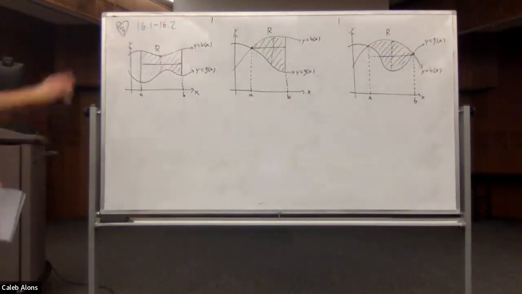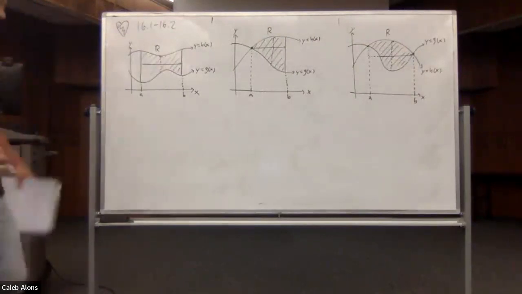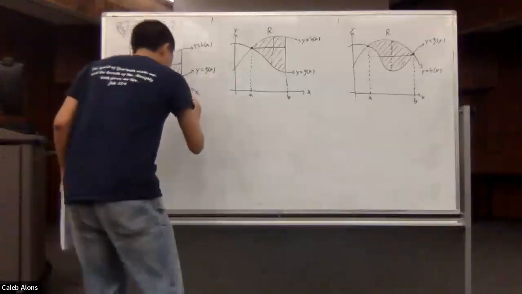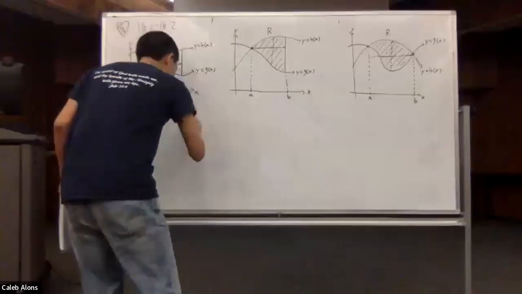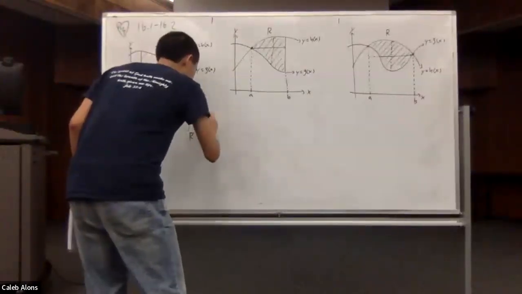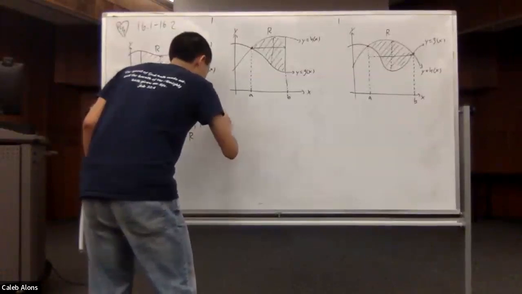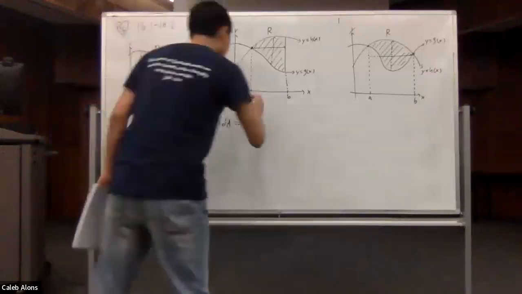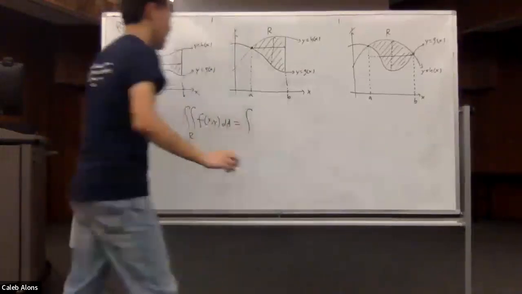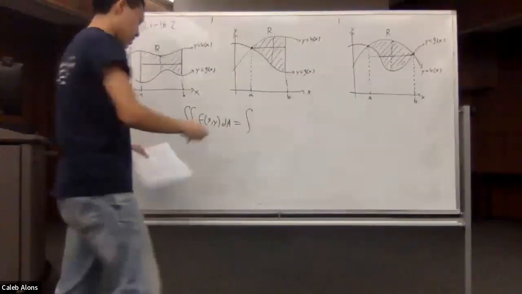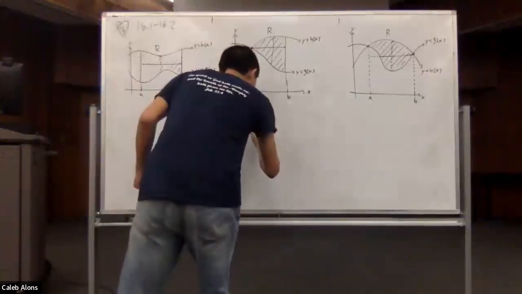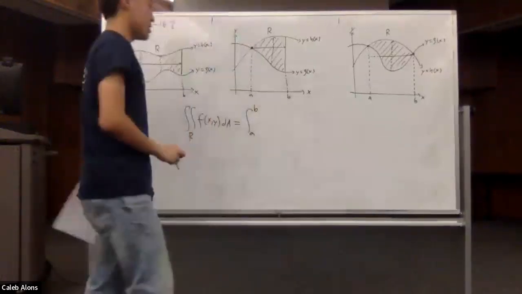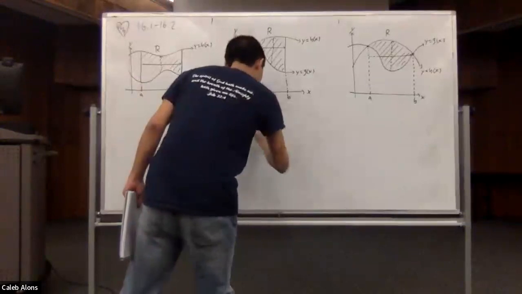Okay. So these are the three scenarios. This is when you're asked to take a double integral over some region of a function f(x, y) dA. The way you can understand the formula is we're doing the x values last, the a to b last, and before we do the x's, we're doing these y's.